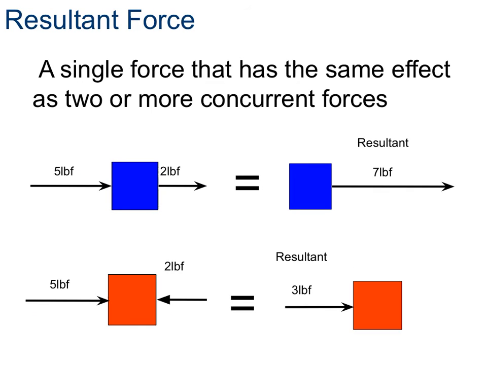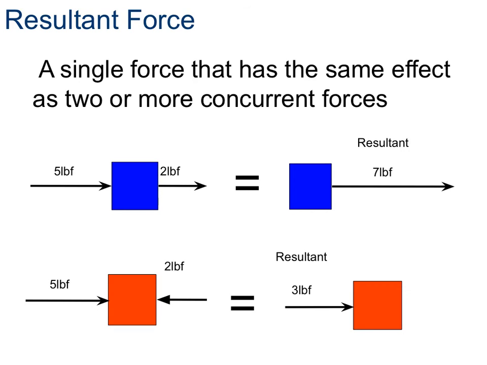So we want to be able to look at the forces acting on an object and combine them together. We look at it very simply to start out with, and these are going to be the types of problems that you have to do on your assignment for today: if forces are acting in the same direction, or in opposite directions. If you consider a box which has 5 pounds of force on it acting from the right and maybe 2 pounds of force acting on it from the right, then that's the same as putting a total of 7 pounds of force on it with this blue box.